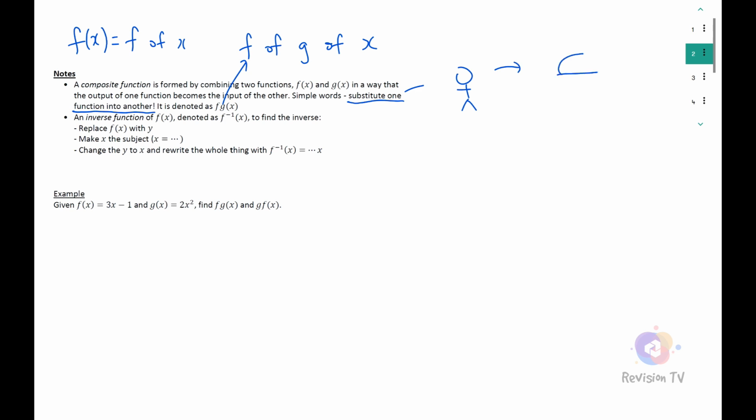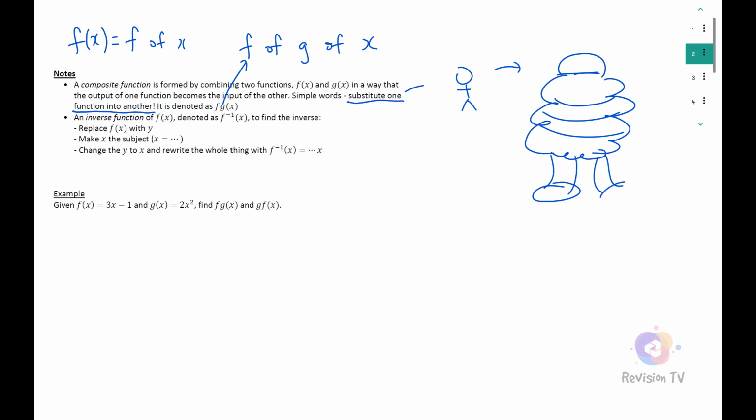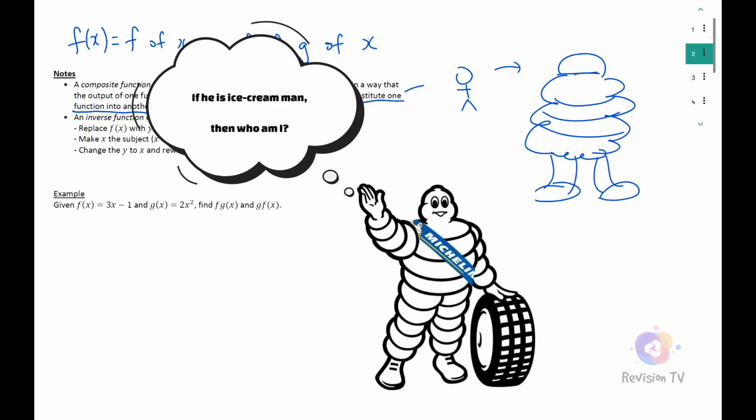I don't know how to draw a costume, so that's the headgear, and that's the weird costume, whatever costume you are, and then there's the feet. We'll call it the ice cream man. Anyway, you're going to jump into this.